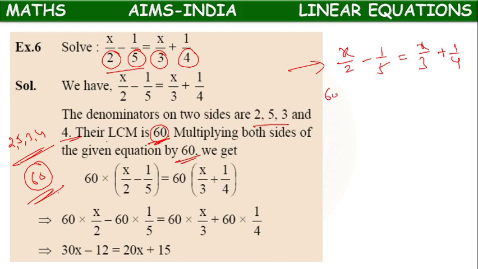So we take 60 into (x by 2 minus 1 by 5) equals 60 into (x by 3 plus 1 by 4).